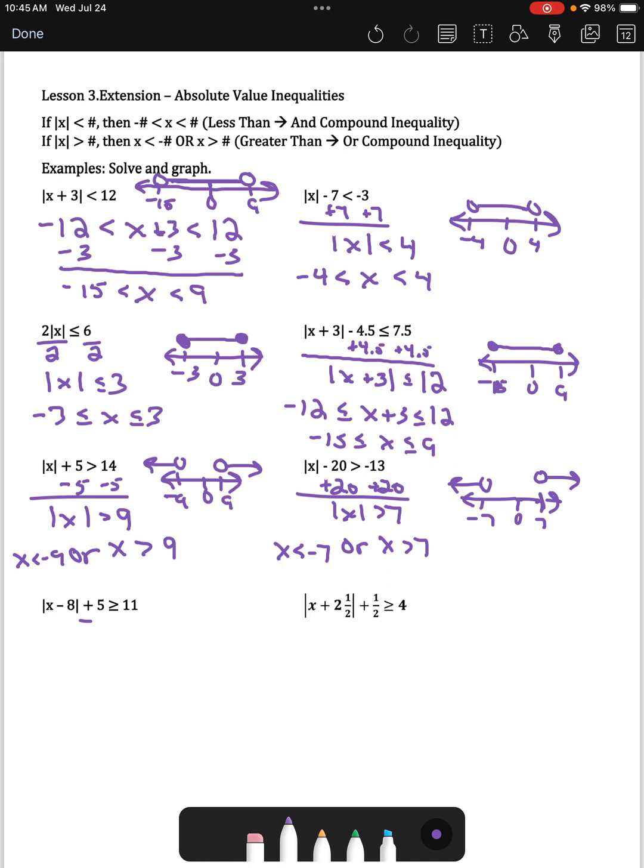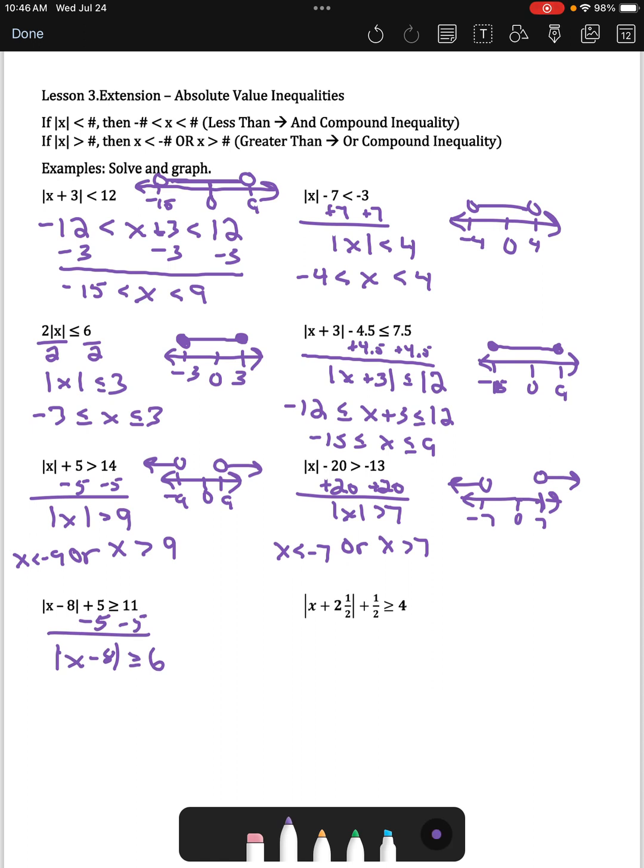Okay. Get your absolute value alone if it isn't. Now this time, we have the absolute value of an expression. So we actually do need to write this out.